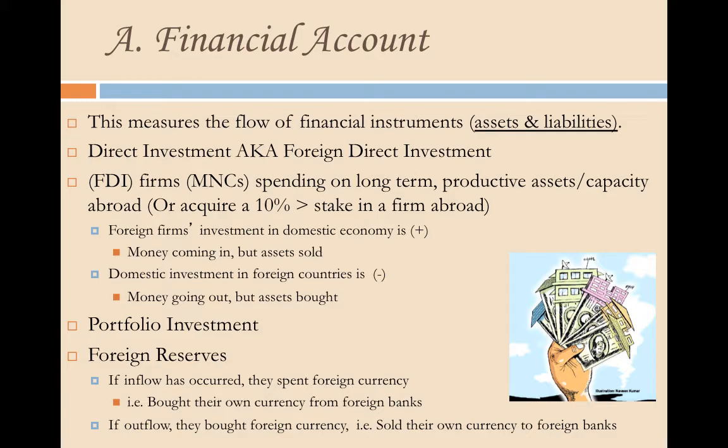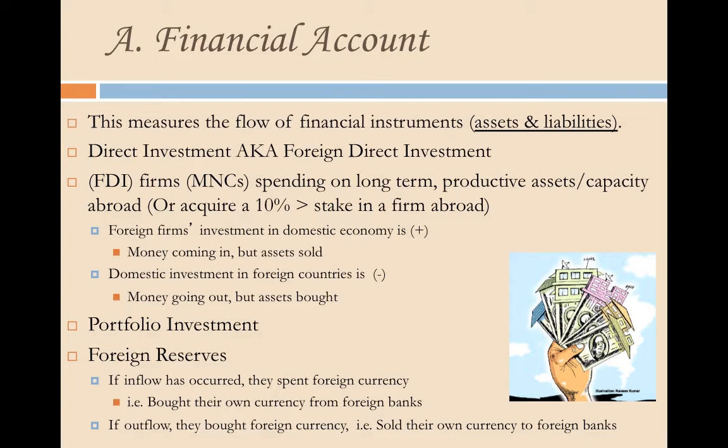For example, if the European Central Bank uses its foreign reserves to buy its own currency from other banks, its asset, the foreign currency, flows out and its own currency flows back in. This would be an inflow because its own currency is coming back into the European area.